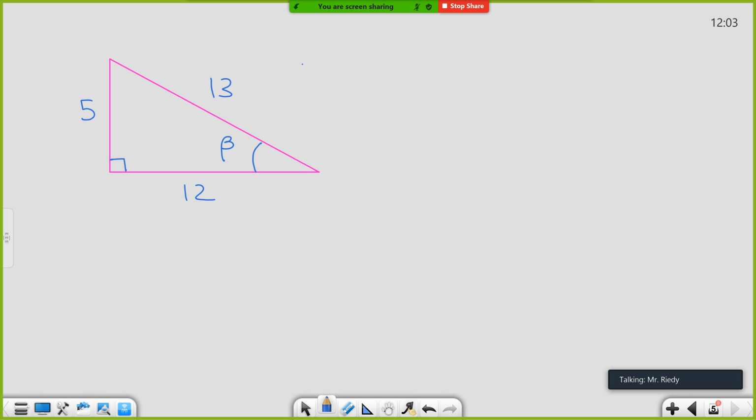A beta is a capital B with a tail. And I want to find beta. For discussion purposes, let's get rid of the 12. Let's pretend we don't know that. We can go and solve it if we have to, but we're gonna just focus on having those two sides.